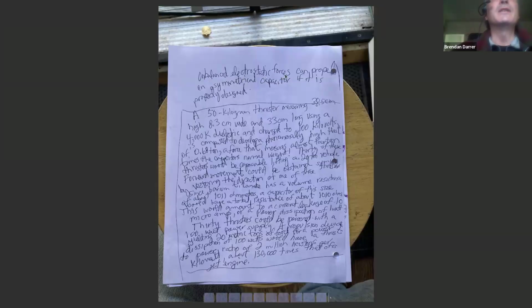Unbalanced electrostatic forces can propel an asymmetrical capacitor if it is properly designed.